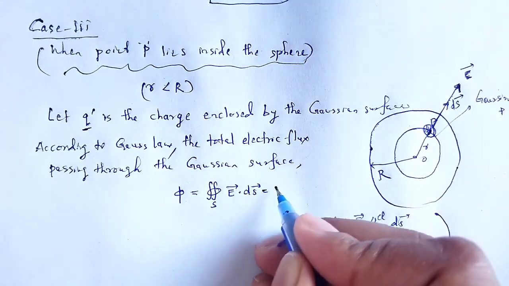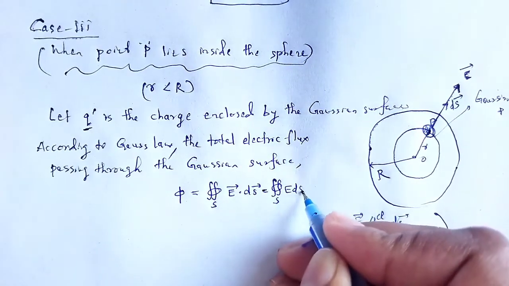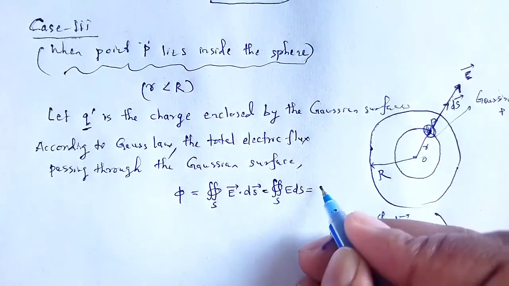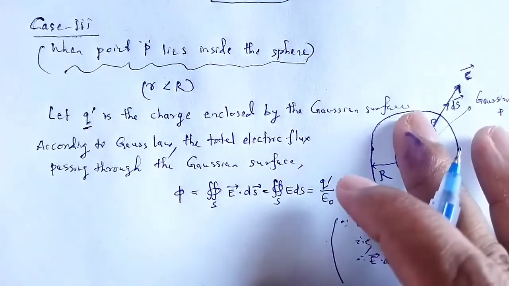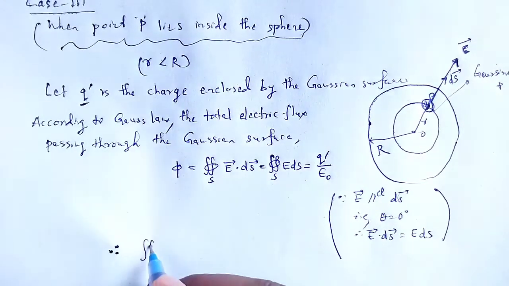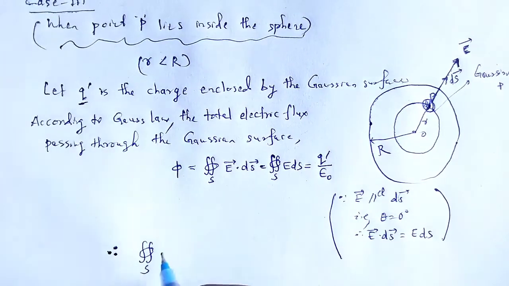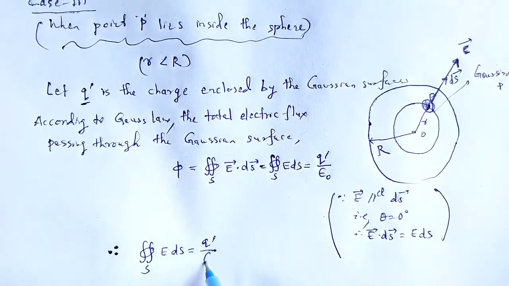That value is written like this: closed surface integration over S of E ds is equal to q dash divided by epsilon naught. Taking E outside, E times closed surface integration over S of ds is equal to q dash divided by epsilon naught.